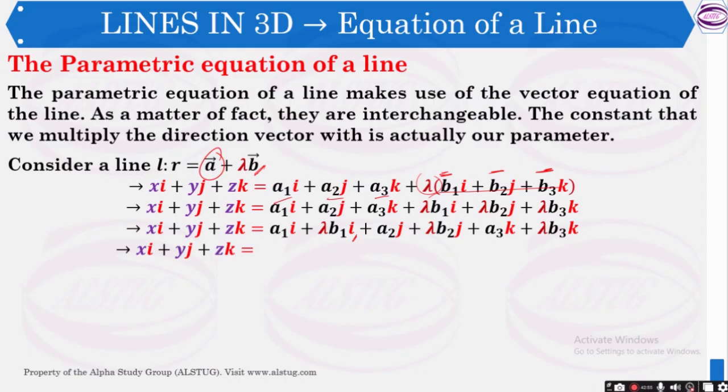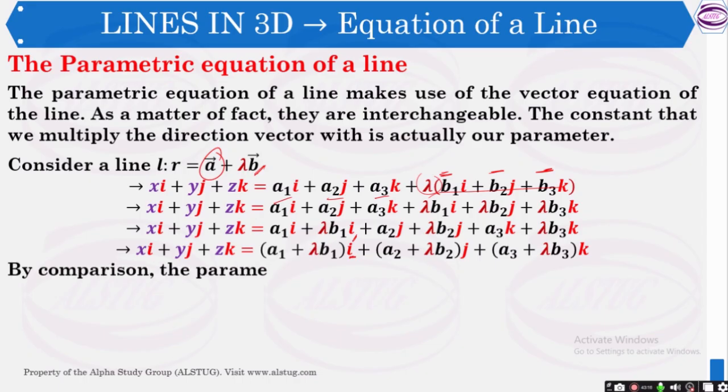Now, after migrating, we factor out the i's. So this is i and i, so we factor out i, and then we keep A1 plus lambda B1. We have A2 plus lambda B2, A3 plus lambda B3, factored out i's here, factored out j's, and factored out k's.